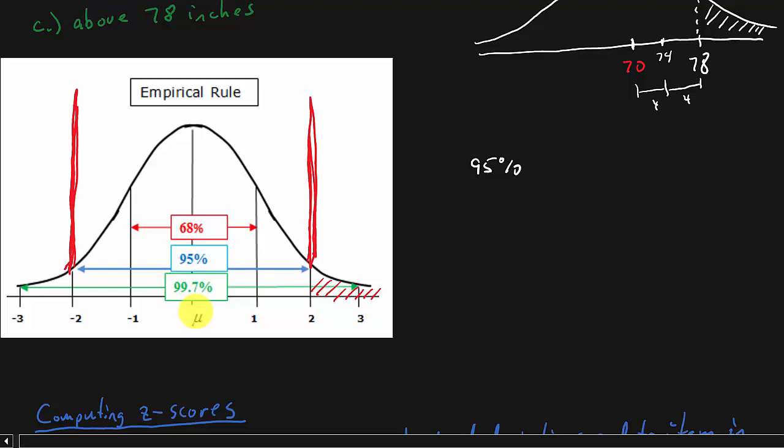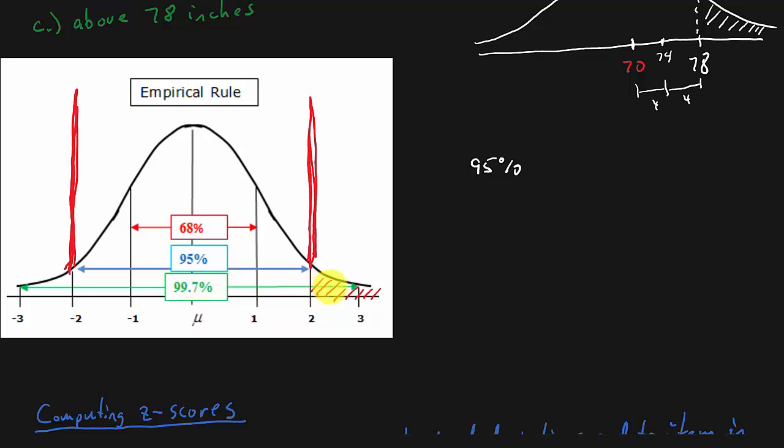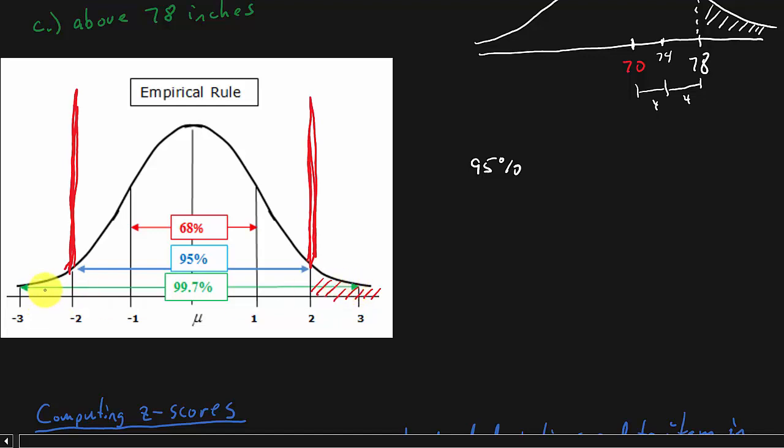Now, remember, we're trying to get to this or this. Well, I know I say that. I'll explain that in just a second. But we're trying to get to this. Well, do you see how we know this part right here? That's 95%. So, once again, I just need this part. That's all I need is this part right here.